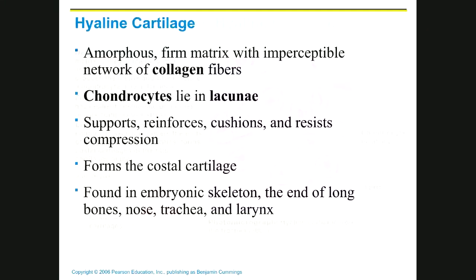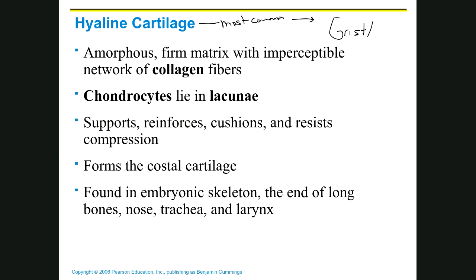So let's look at hyaline cartilage first. Hyaline cartilage is the most common type of cartilage. It's found in lots of places on the body. And hyaline cartilage you probably have come into contact with if you eat meat. Sometimes you get something from meat in your mouth that you just cannot chew up.